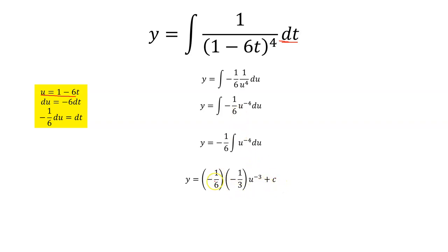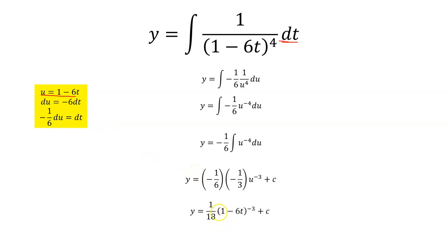So now you have the original constant, negative 1 over 6, times the negative 1 over 3, which will be a 1 over 18. And u raised to the negative 3, and substitute your original value of u back for u.